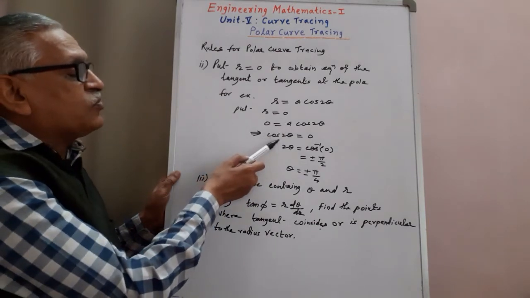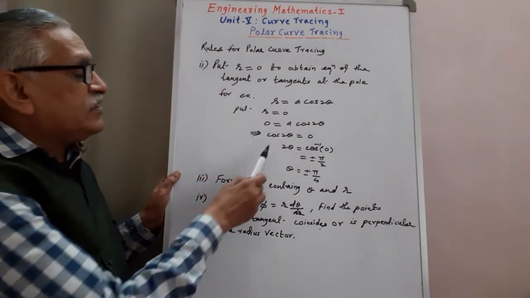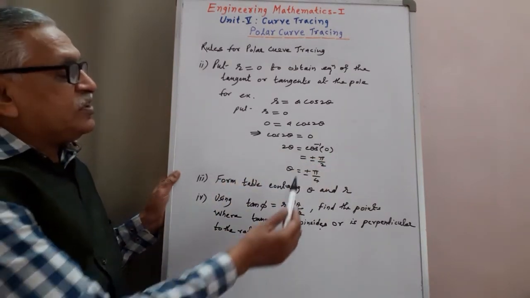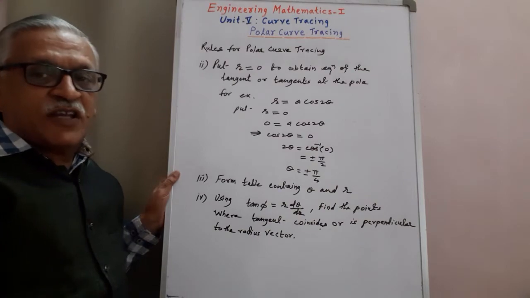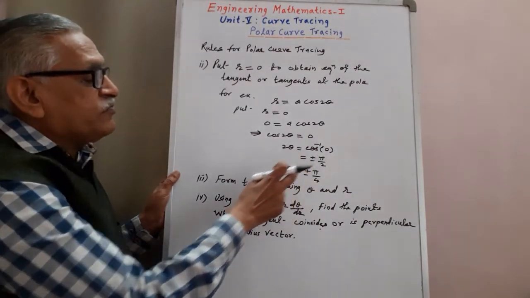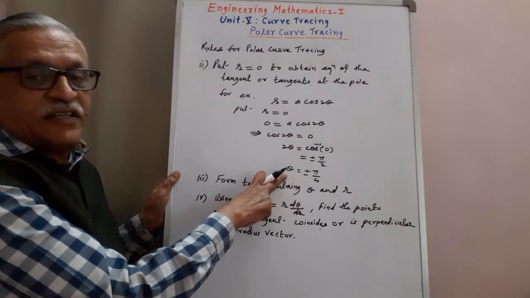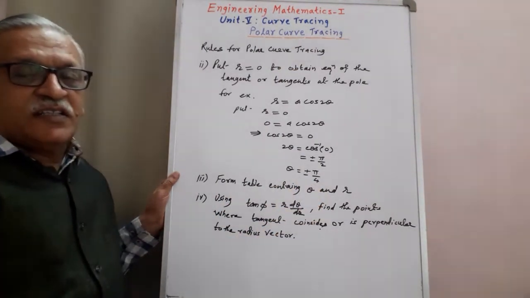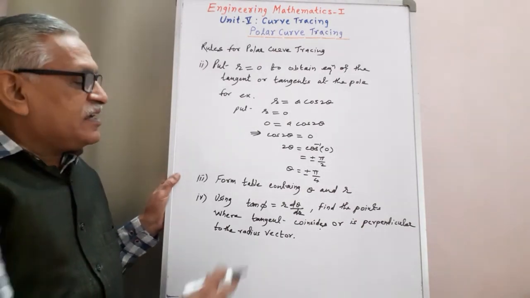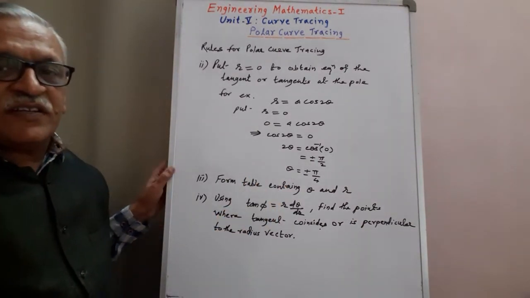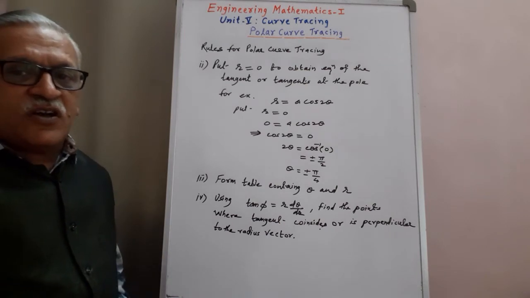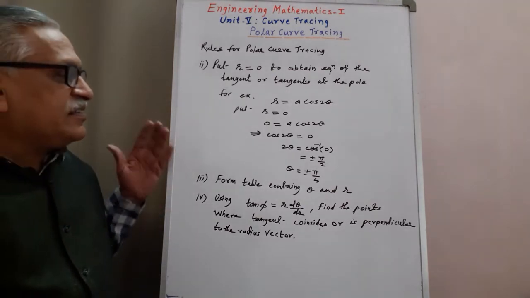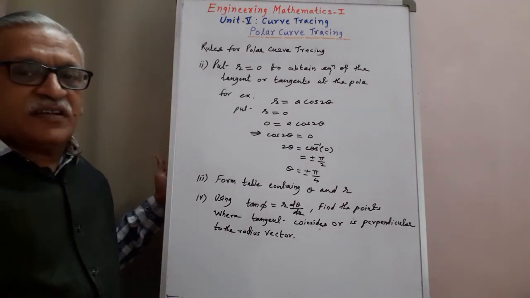Dividing by a we get cos 2θ = 0, so 2θ = cos⁻¹(0), and the value of cos⁻¹(0) is +π/2 or -π/2. Dividing by 2 we get θ = ±π/4. These are the two different tangents at the pole. We discussed the case of getting two different tangents at the origin in the previous types, that is Cartesian.